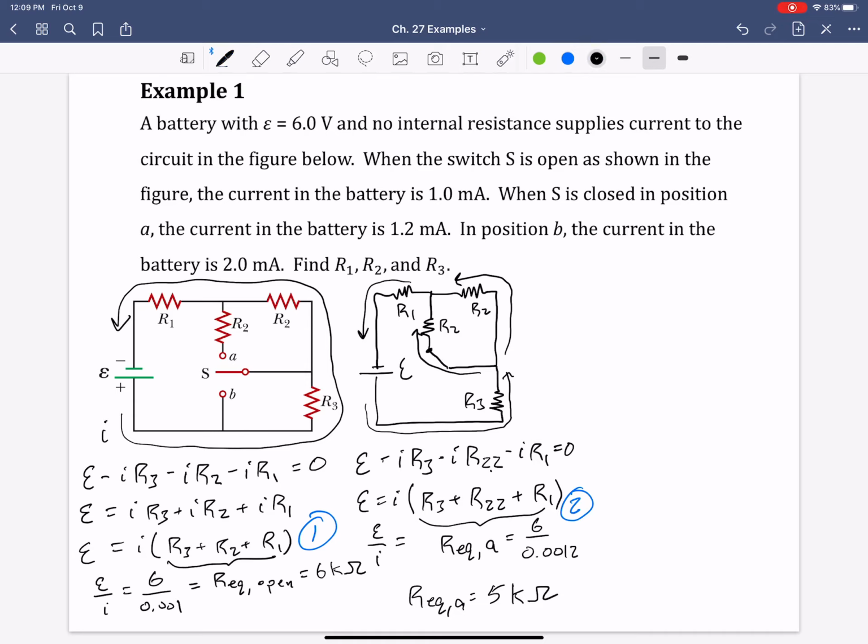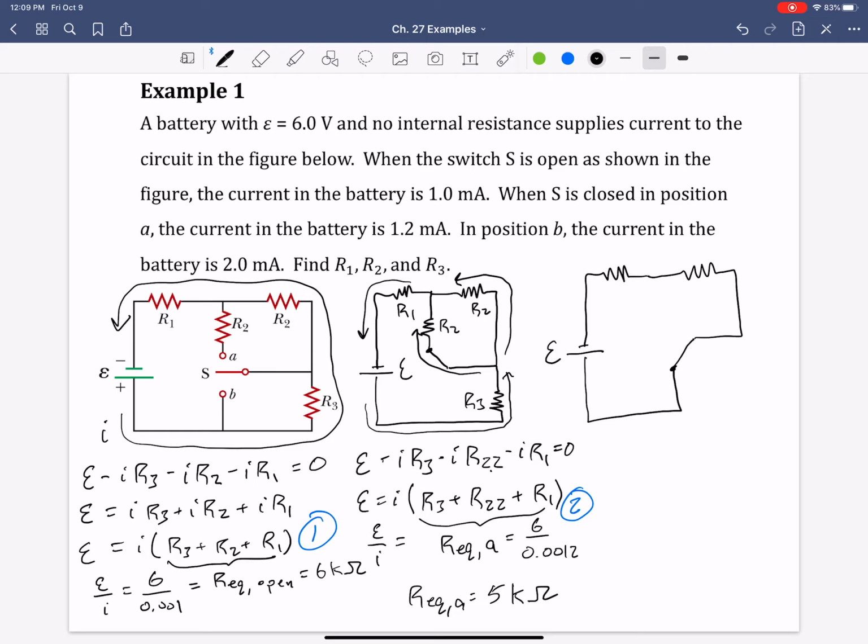And the third part in our problem is when the switch is at position B. So let's draw that. This is a little bit simpler. At position B, right there, it actually skips R3. At position B, the current follows the path of least resistance.